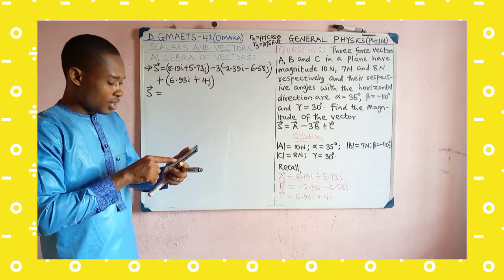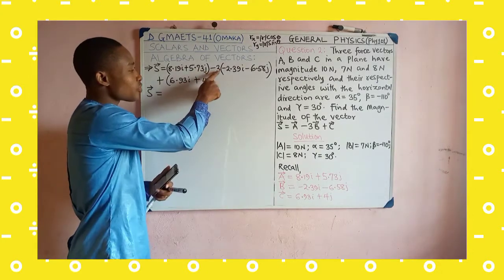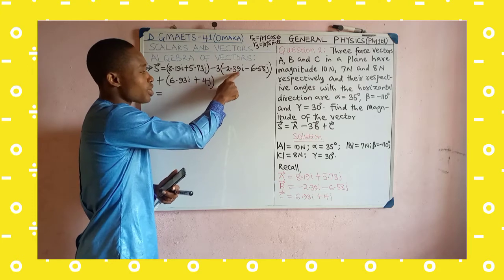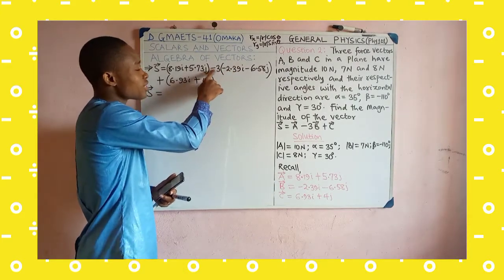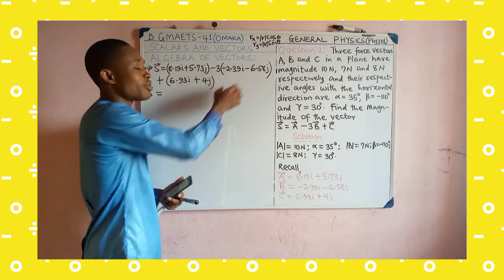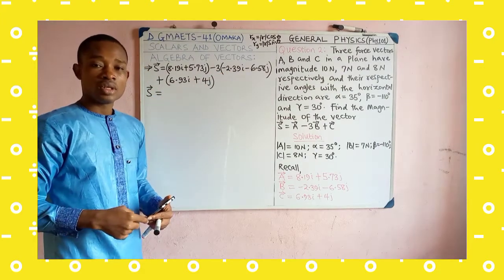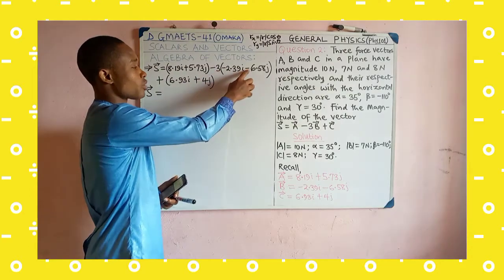8.19, then minus 3 times minus 2.39. This minus opens up the bracket, and the signs inside the bracket change. So this minus becomes plus, and this minus also becomes plus.